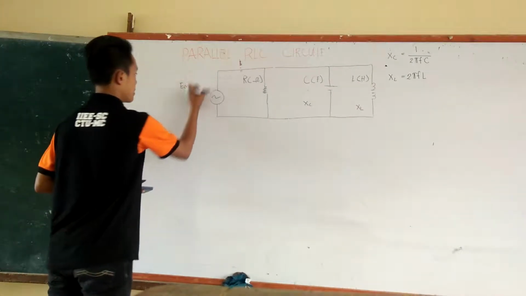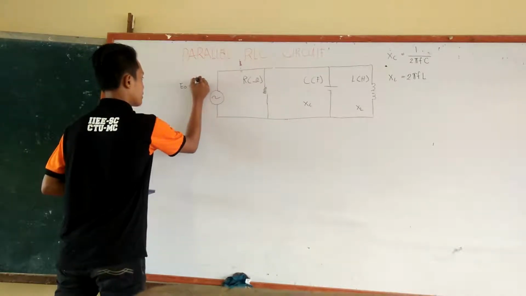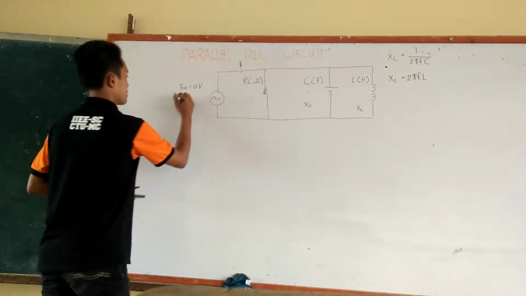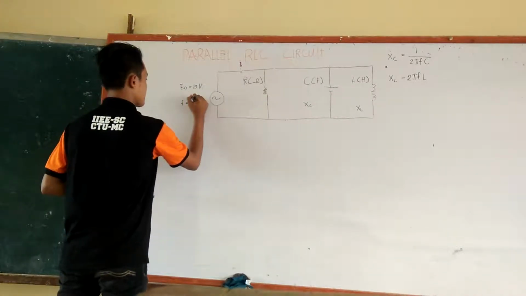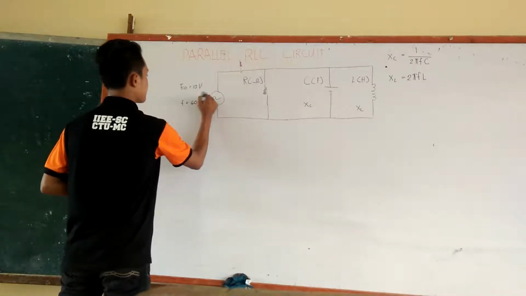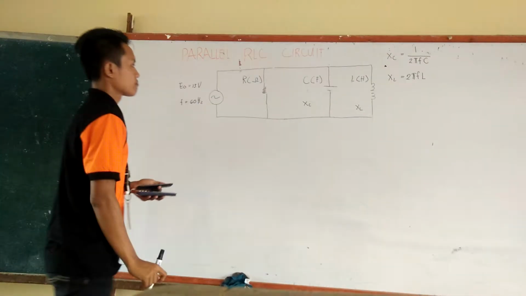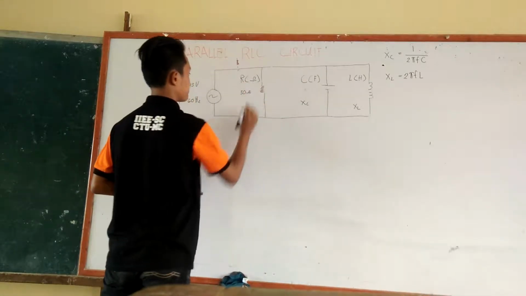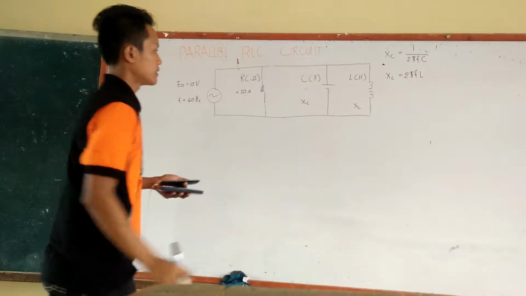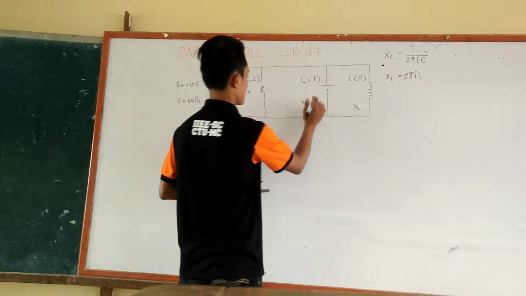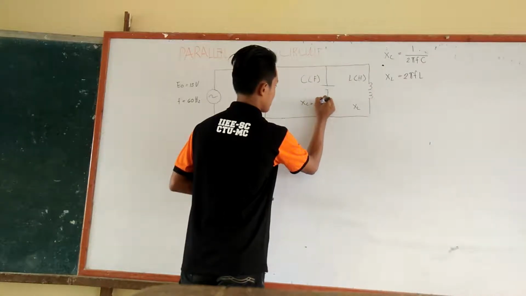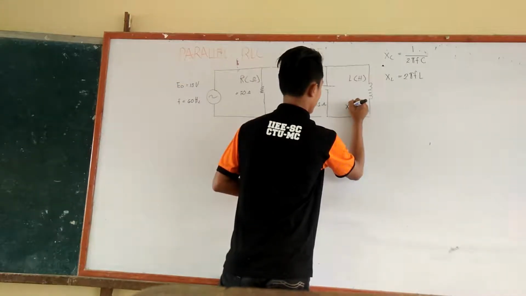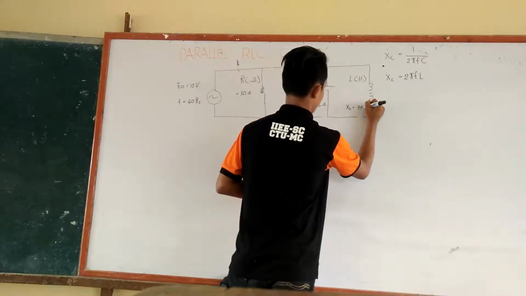So our E sub O is equal to 15 volts, and we have a frequency of 60 hertz, and our resistor is 50 ohms, and our capacitive reactance is, let's just say, 25 ohms, and our inductive reactance is 70 ohms.